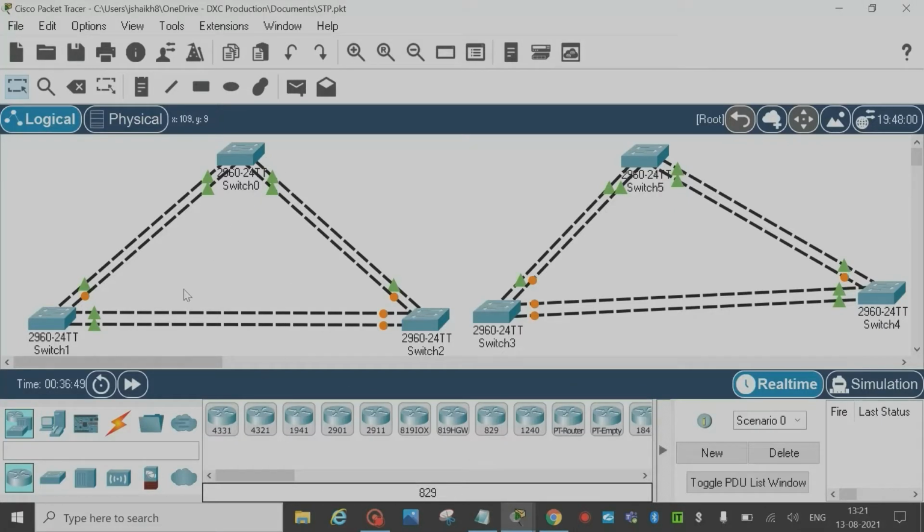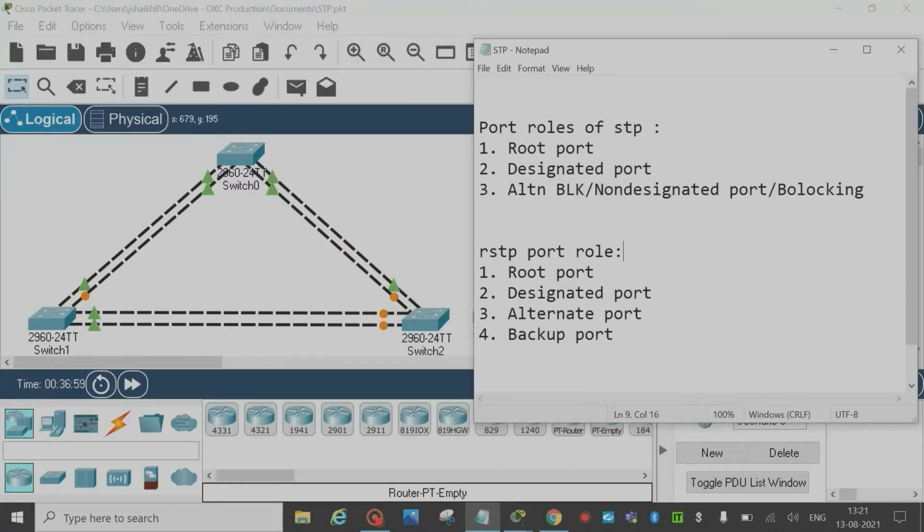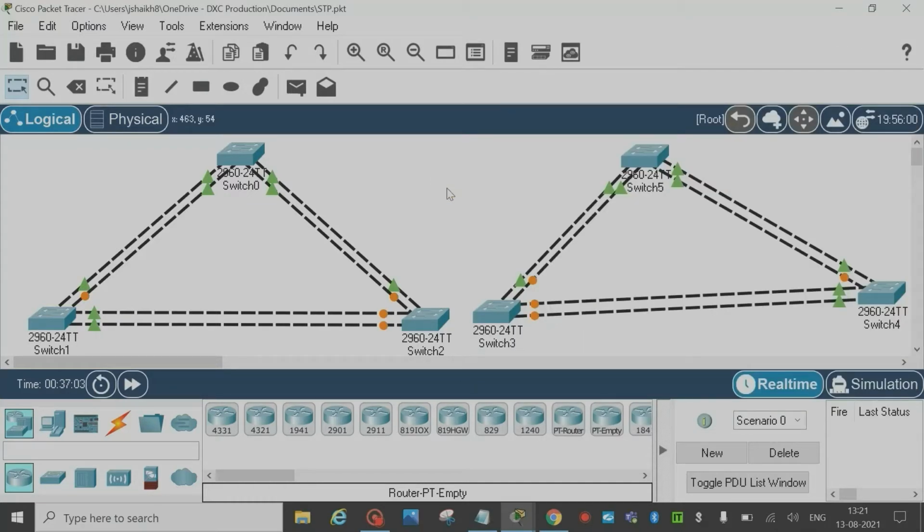We have the RSTP domain on the right side and the STP domain on the left side. This one is STP, this one is RSTP. Root port: the root port is the port on a non-root switch.